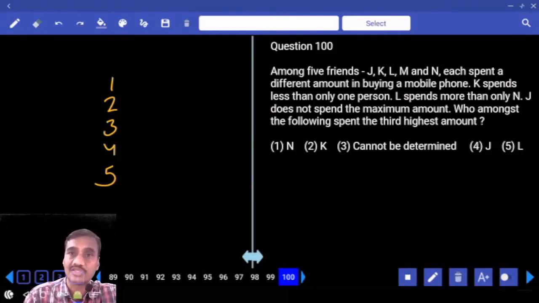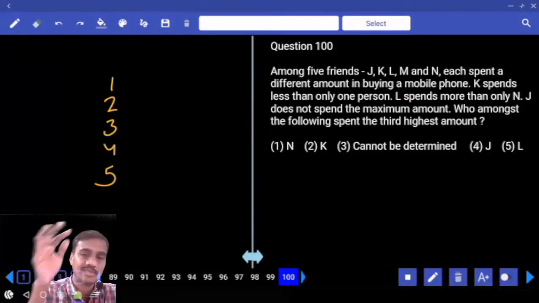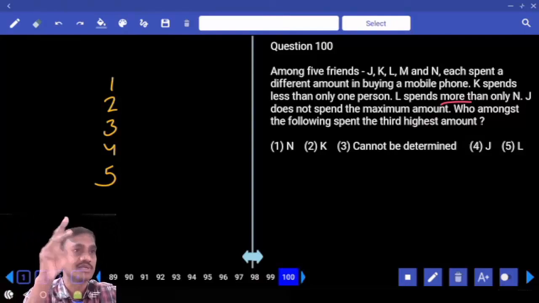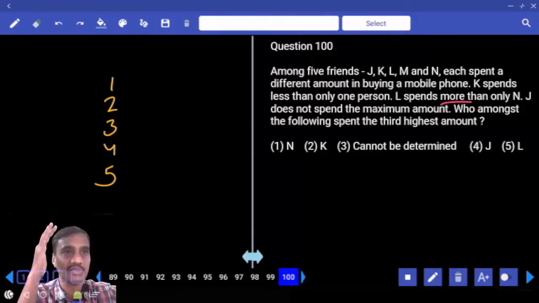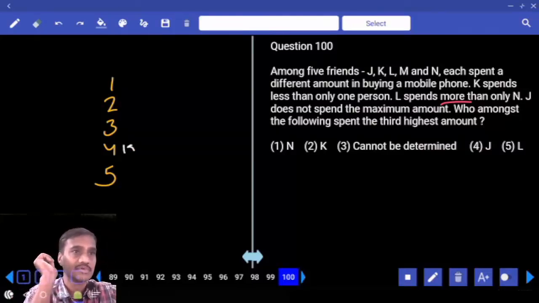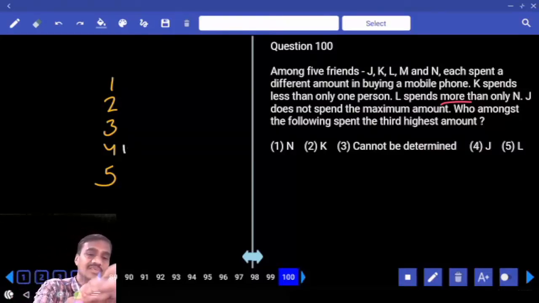K is lesser than only one person, but more than the remaining 3. ఈ టైప్ ఆఫ్ క్వశ్చన్స్, 'only' అనే టైప్ ఆఫ్ క్వశ్చన్స్ ఎక్కడైతే వచ్చిందో, and you need to talk about the remaining persons as well, అక్కడే డిటర్మిన్ చేయండి. And K is lesser than only one person, తర్వాత నెక్స్ట్ ఏ వర్డ్ పడాలి, but more than the remaining 3 అనే వర్డ్ పడాలి. ఆ వర్డ్ పడలేదు అనుకోండి, కేని ఇక్కడ రాసే ఛాన్సెస్ ఎక్కువ ఉంటాయి మీరు. డన్. కనుక ఇప్పుడు కే ఎక్కడ ఉండాలి, ఒకరికన్నా మాత్రమే తక్కువ, రిమైనింగ్ అందరికన్నా ఎక్కువ కాబట్టి K must be at the second place.